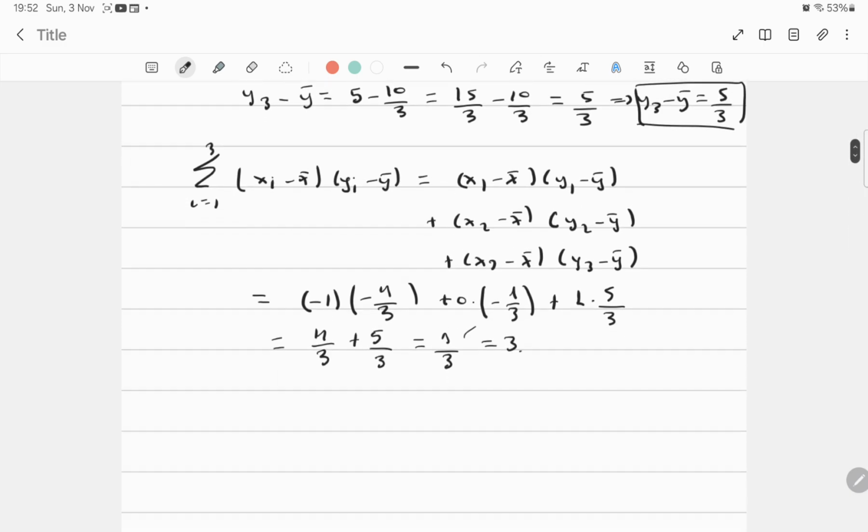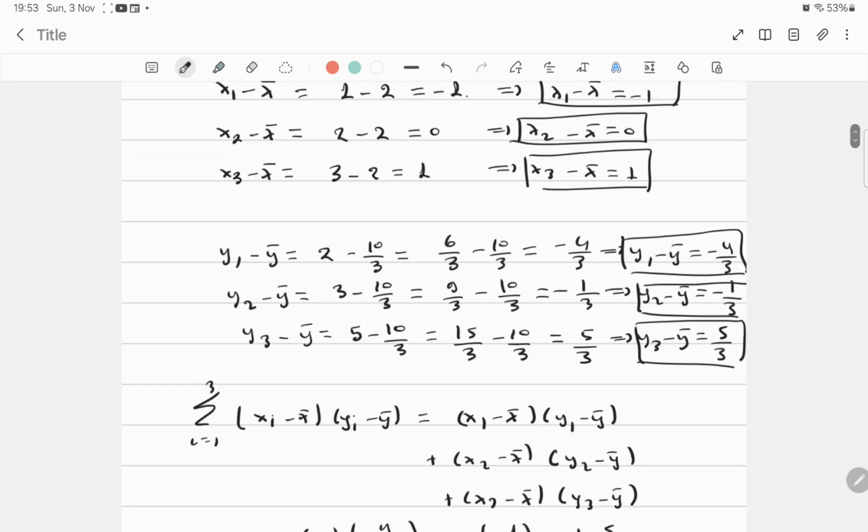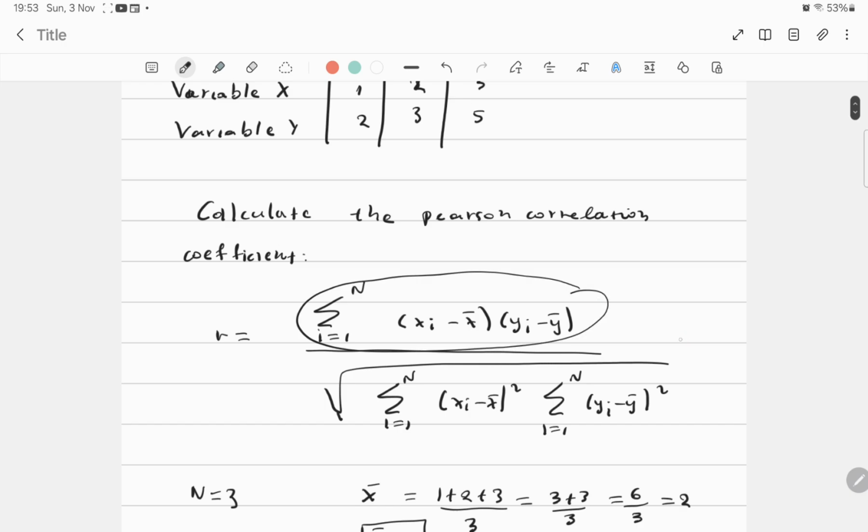So the numerator in the Pearson coefficient equals 3.